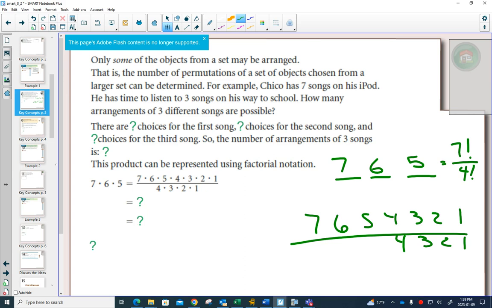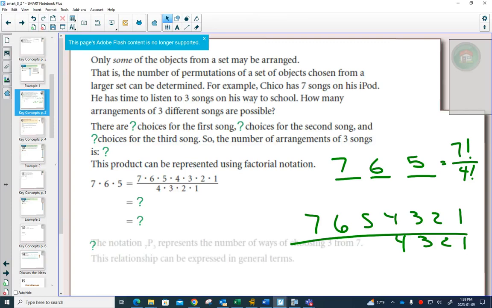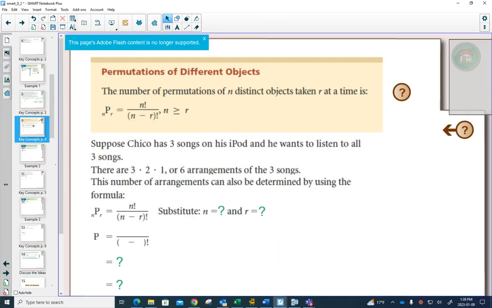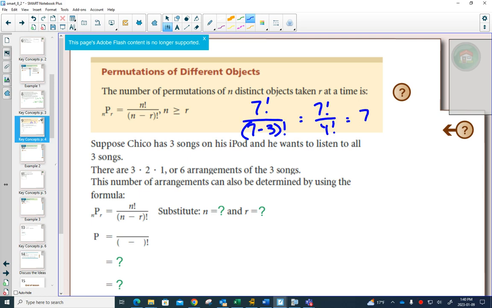So we can make a formula: if you want to arrange r objects out of n in a row and repetition isn't allowed, you can just do n factorial over n minus r factorial. For his 3 songs, he would have 7 factorial over 7 minus 3 factorial, which is 7 factorial over 4 factorial, the same as 7 times 6 times 5.